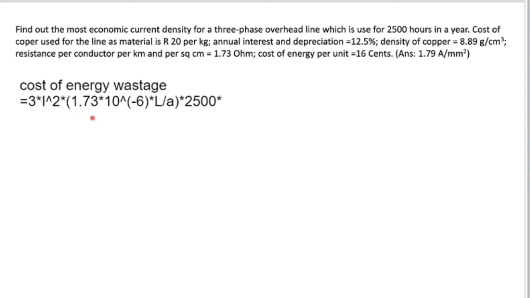Is that clear now? So I'm converting it to kilowatt hours, 10 to the power minus 3, and then the rate is 16 cents, meaning 16 over 100. Is that okay?